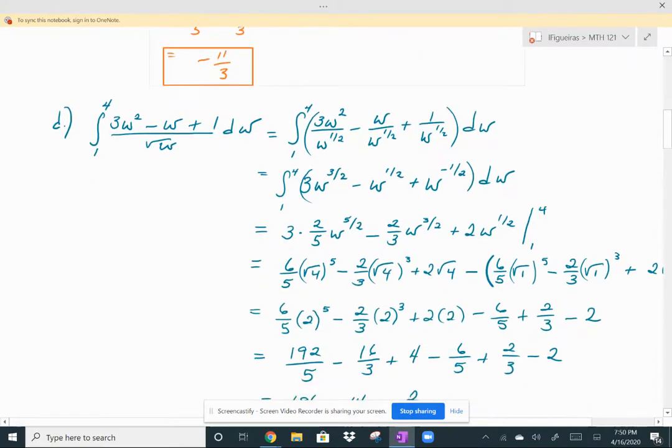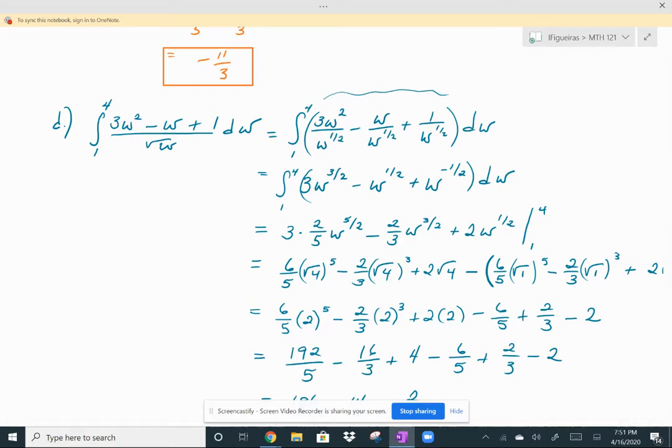Okay, let's look at D. Similar to part C above, here I have a quotient and I do not have an anti-quotient rule. So the first thing I'm going to do is divide each of the terms on top by the term on the bottom. So that's what you're seeing here, that we're going to divide each term by w to the 1/2.